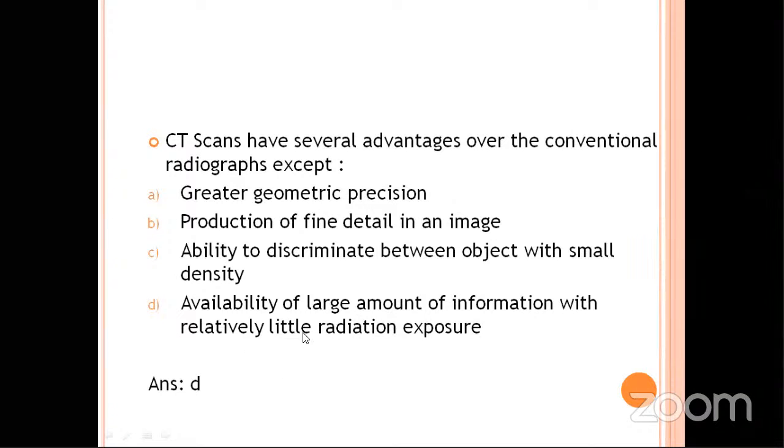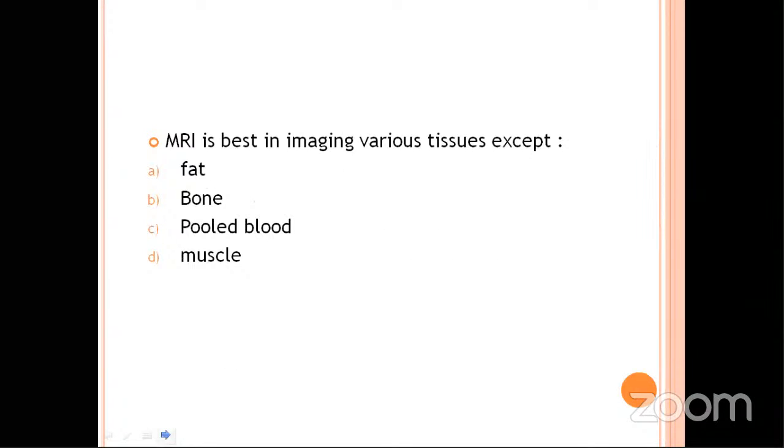This is actually wrong. It gives information with a greater amount of radiation exposure. Okay, MRI is best in viewing various tissues except fat, bone, pooled blood, muscle. Okay, MRI is best in viewing only the soft tissues, not the hard tissues. So the option is bone.